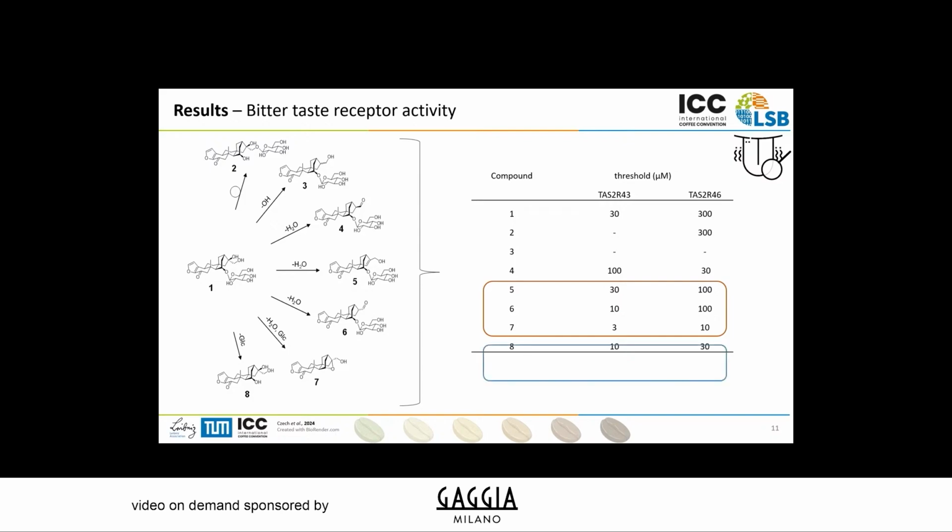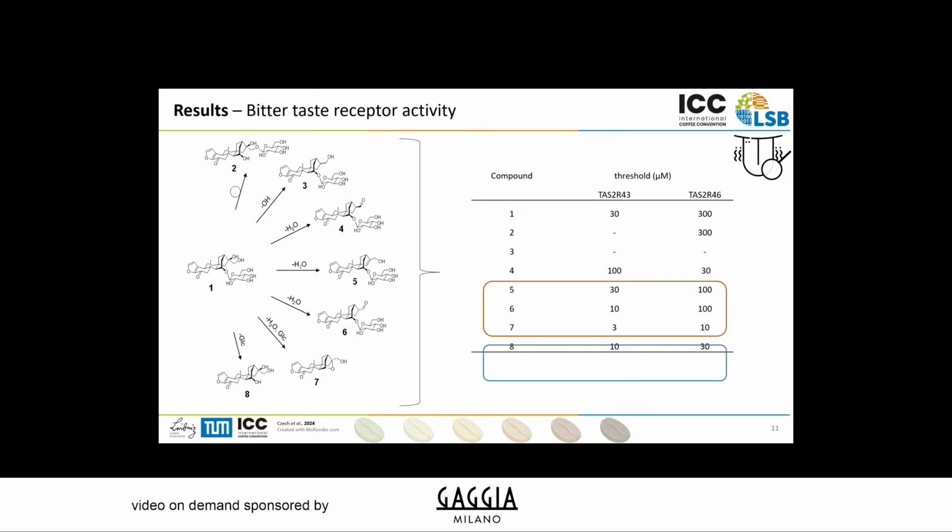And even the deglycosylated products, which is 7 and 8, so where the glucose was cleaved off, are even more potent activating the human bitter taste receptors, even compared to 4, 5, and 6. So now we knew the needed concentration in vitro to activate our human bitter taste receptors.